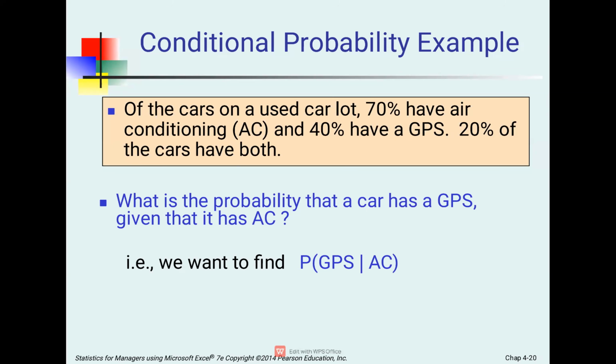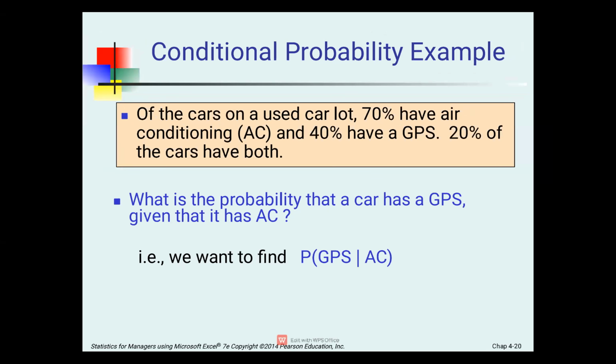So 20% have an intersection. The question is, what is the probability that a car has GPS given that it has air conditioning?